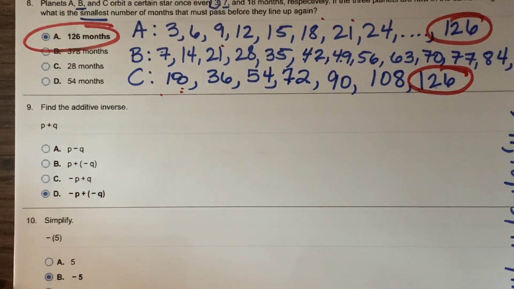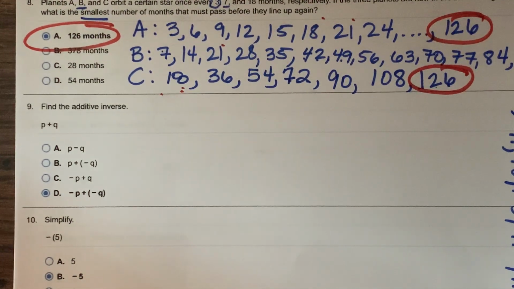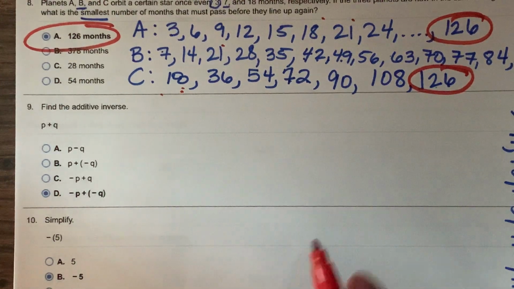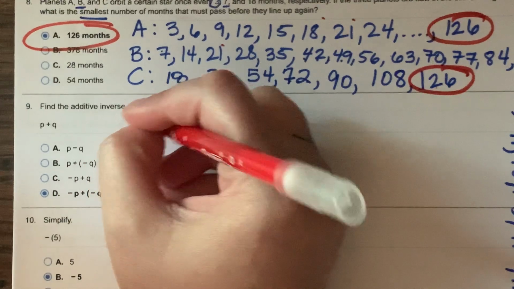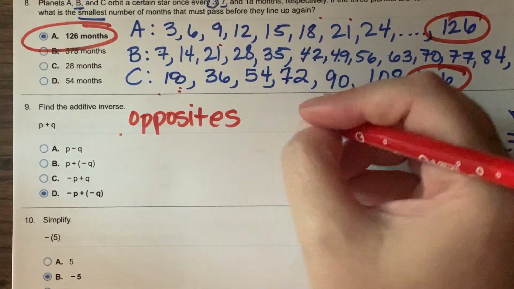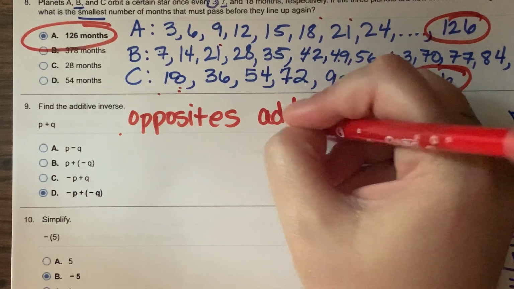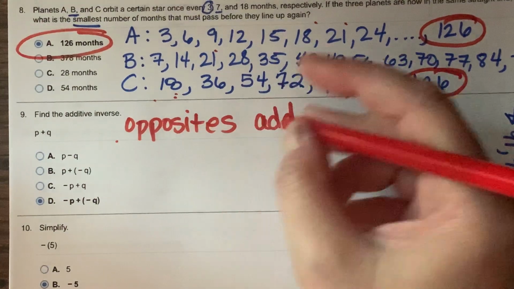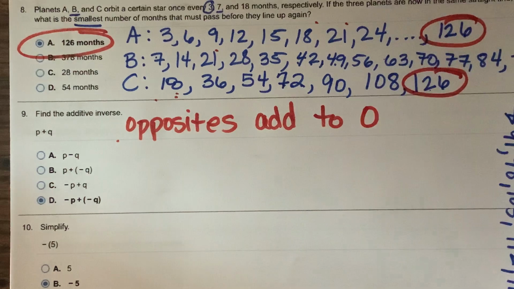We're on test 3 review, number 9. It says find the additive inverse. Okay, additive inverse means opposites. And the reason it means opposites is because opposites add to the number 0.